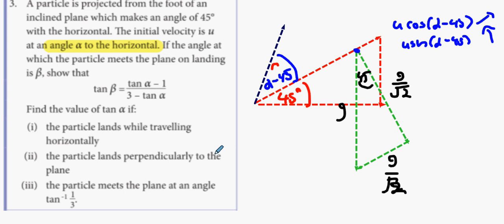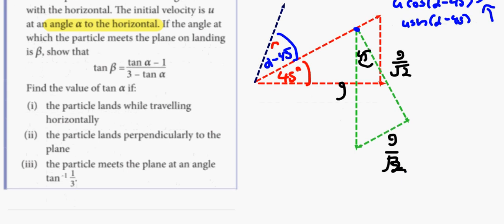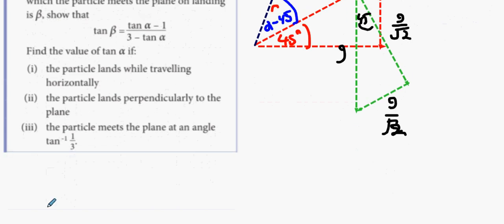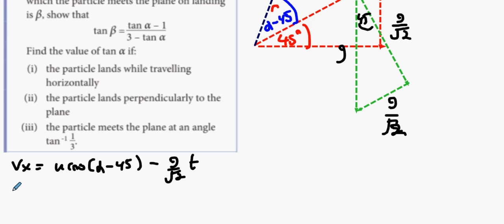All right, we got it. Now, I'm going to make my 4 equations first. And once I make my 4 equations, then I'll address the question. So, everybody happy with u cos alpha minus 45 minus g over root 2 t for Vx, u sin alpha minus 45 minus g over root 2 t for Vy.